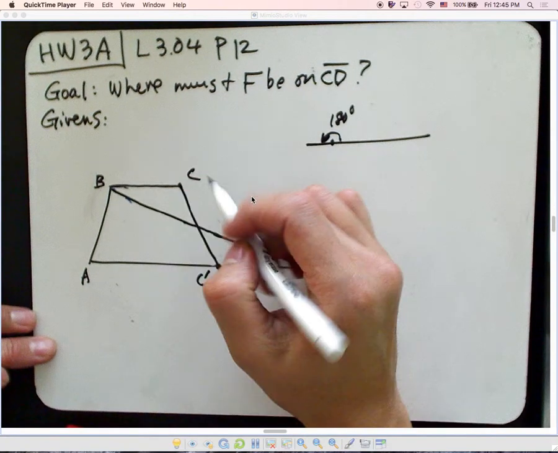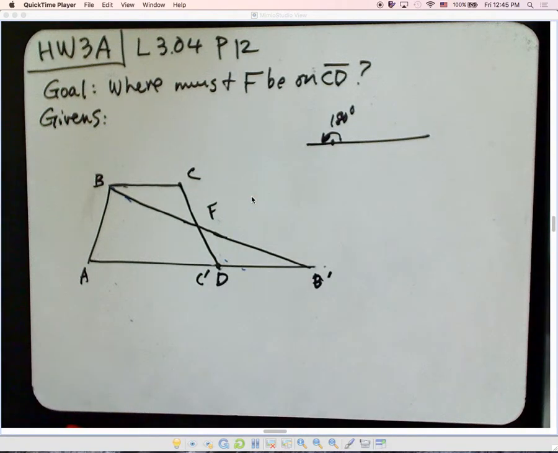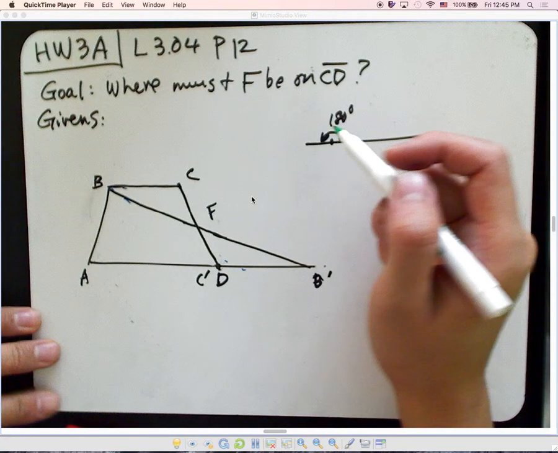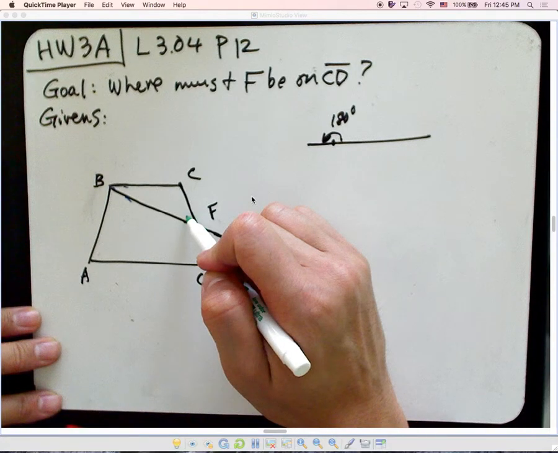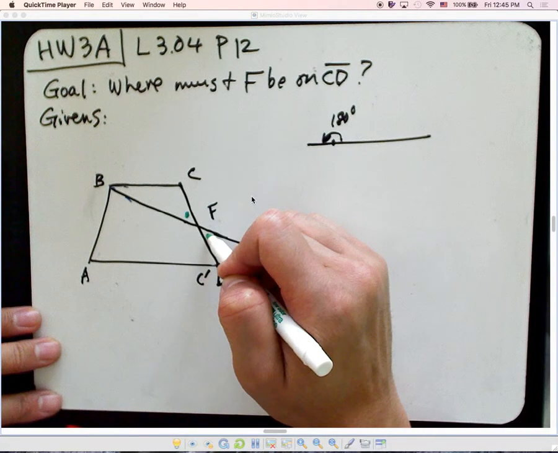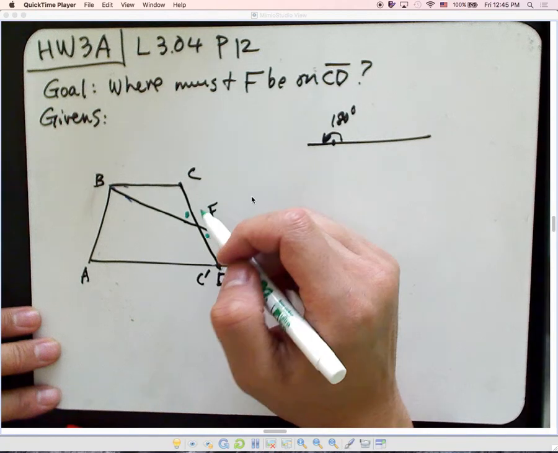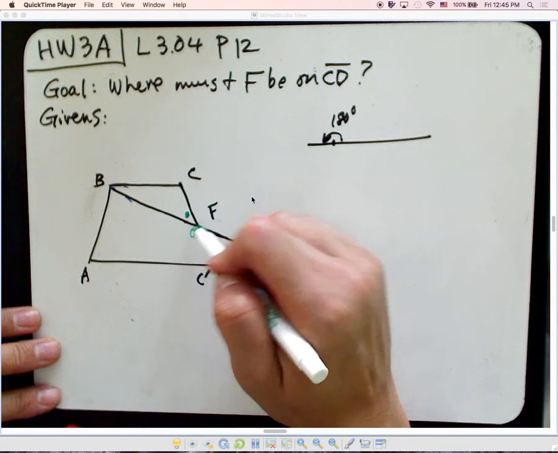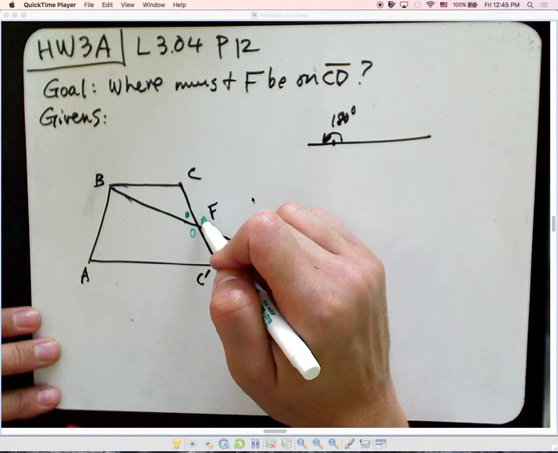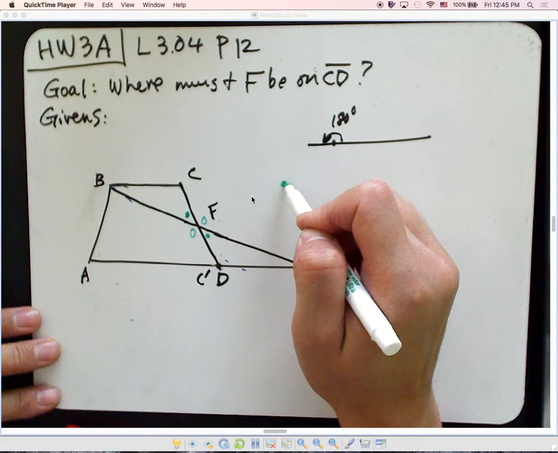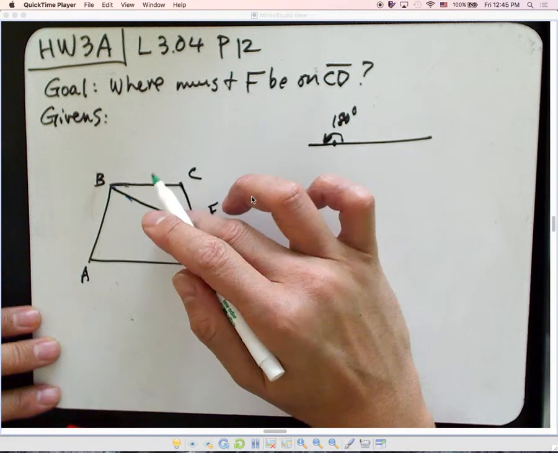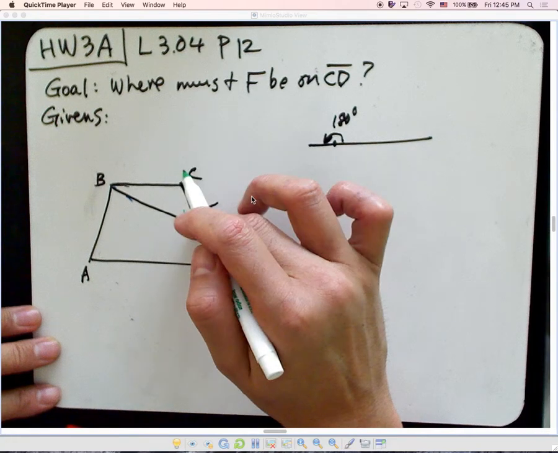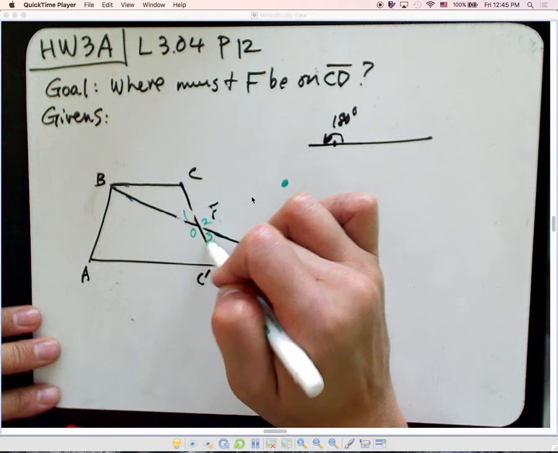Here we go. So we have F here. So now you know that. Well, we actually know some theorems about the angles, right? We know the vertical angles are congruent. We also know the PAI theorem. So what can you say about angle 1, 2, 3, and 4?